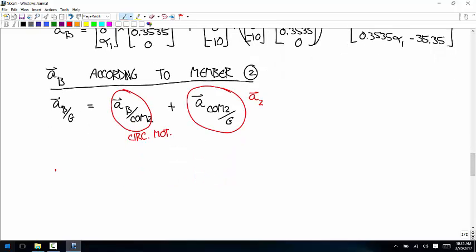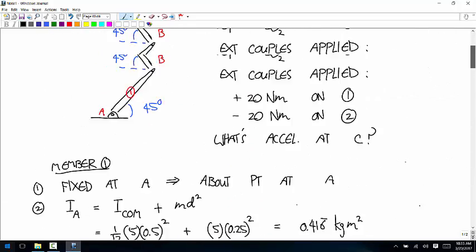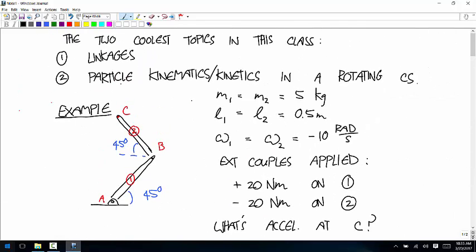So I'll rewrite this. The acceleration of B is equal to alpha 2 crossed with the r vector. Okay, what r vector do we want for this? We're calculating this circular motion where the center of the circle is the center of mass of 2. So the r vector we want is from the center of mass to B.